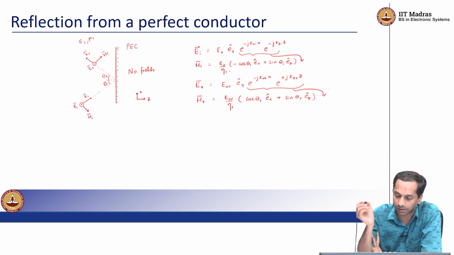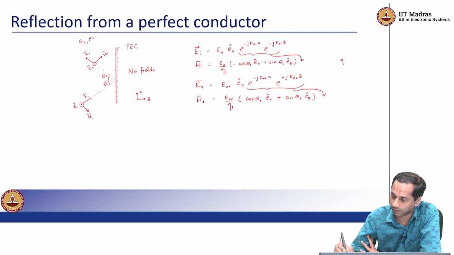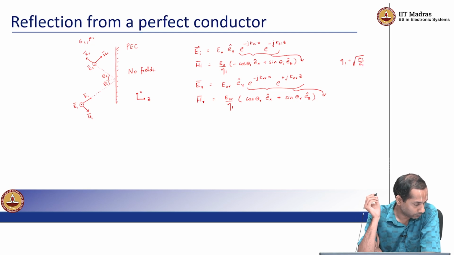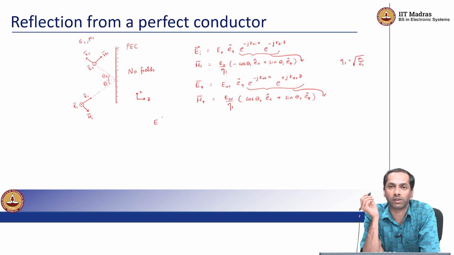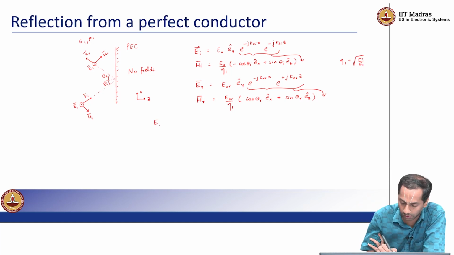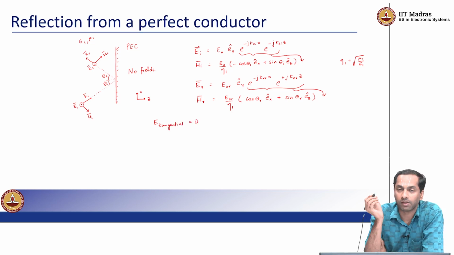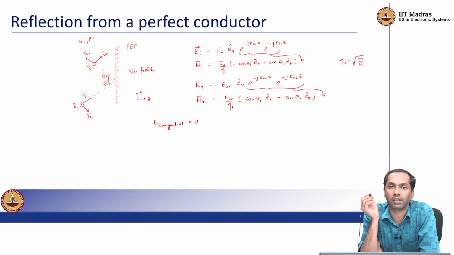So eta 1 is just the square root of mu 1 over epsilon 1. We are going to take the boundary conditions where we equate to 0. We cannot have any tangential electric fields just above a perfect electric conductor.